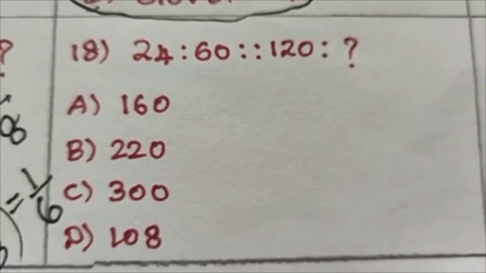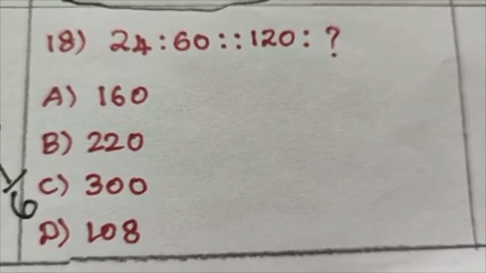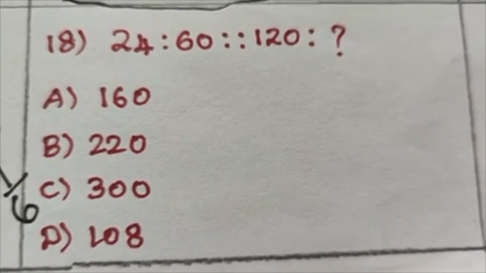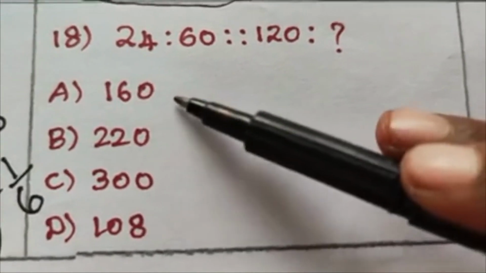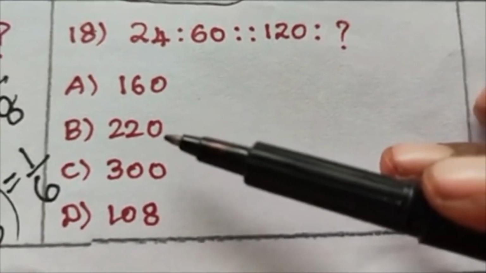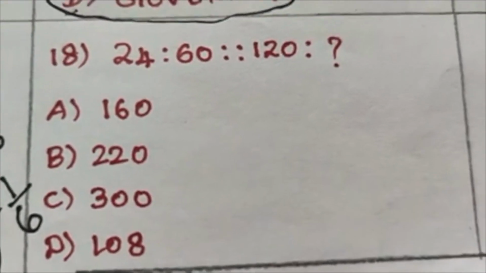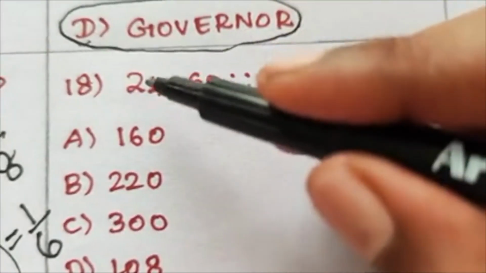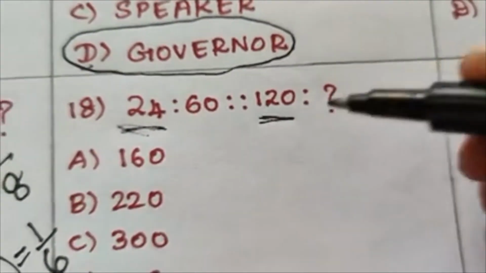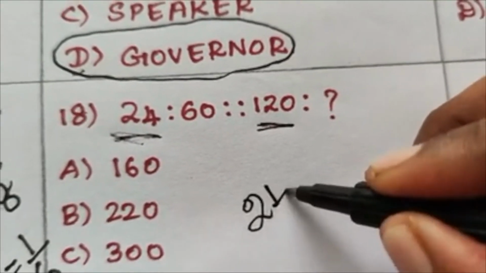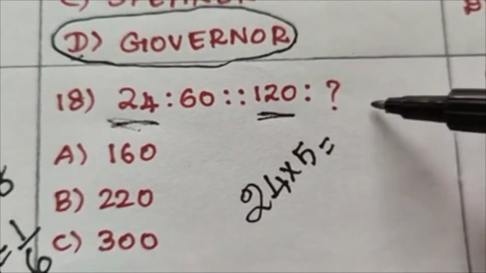Question number 18. 24 is related to 60. In the same way, 120 is related to what? Option A 160, option B 220, option C 300, option D 108. So look at the first term 24 and the third term 120. So 24 into 5 is equal to 120, right?